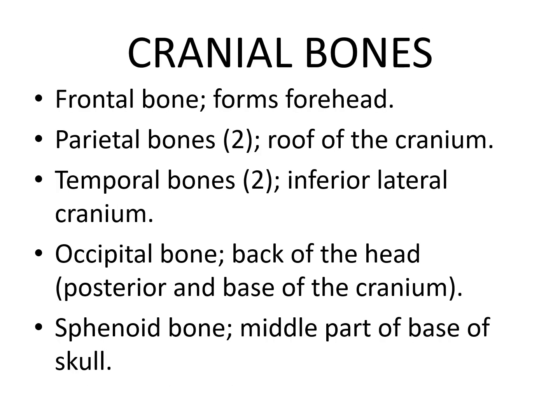Now let's look at cranial bones. Under cranial bones, we have the frontal bone. This forms the forehead. We have the parietal bones, they are twin in number, and form the roof of the cranium. Temporal bones, they are also twin in number, and form the inferior lateral cranium. The occipital bone is actually 1 and forms the back of the head.